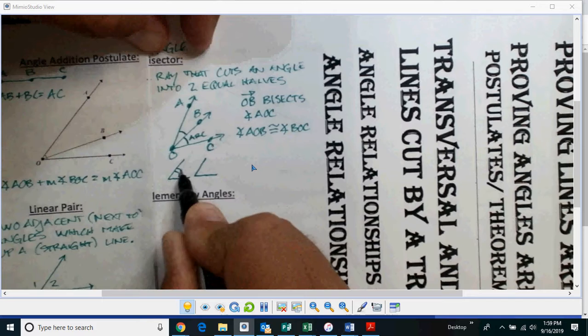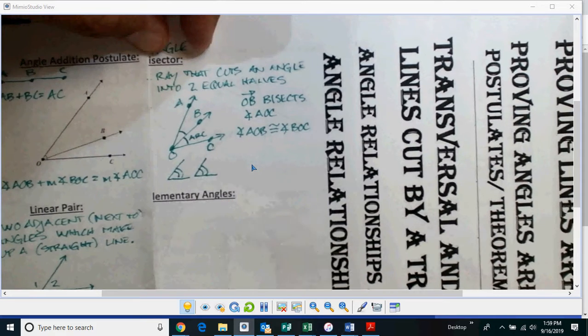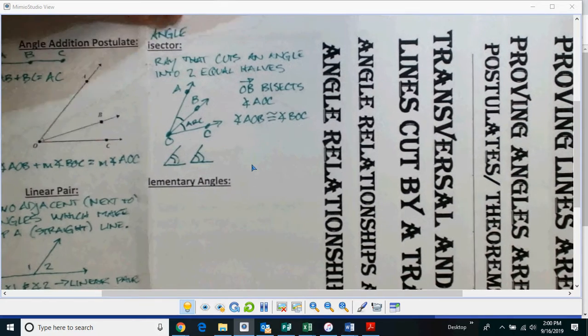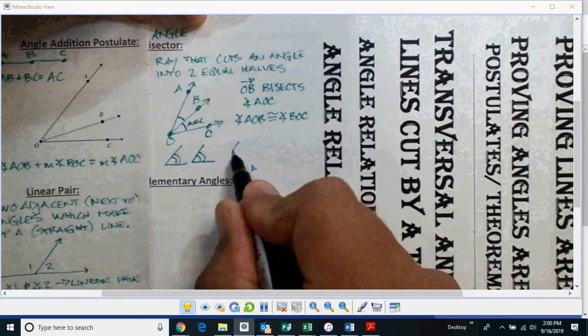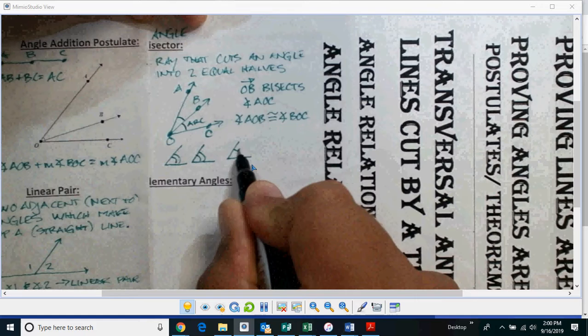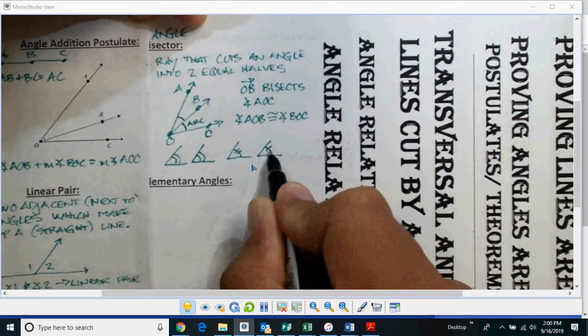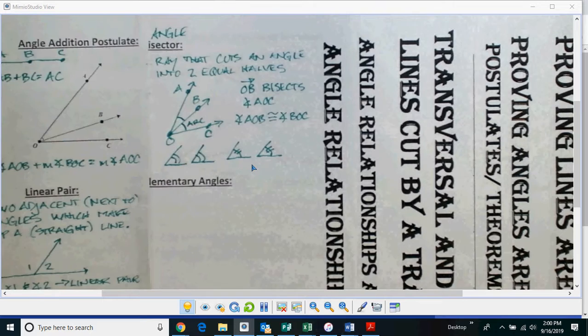Usually, if I had to draw two angles that were congruent in the same drawing, I would use two arcs, so the same number of arcs. You also might see it drawn in as an arc with hashes. So the ones with the same number of hashes are congruent. All right?